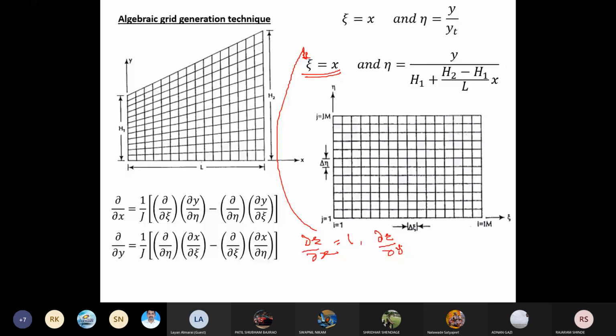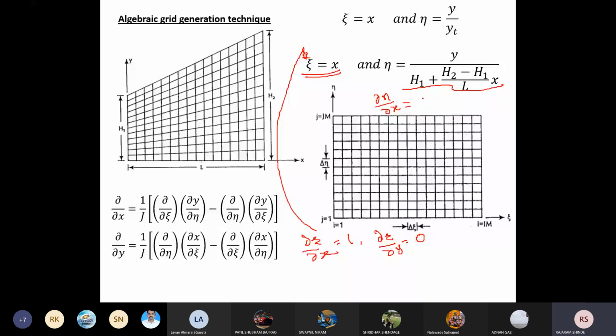Next, we need to calculate the derivative of this term, d eta by dx. Here you see, this is a multiplying factor of x.